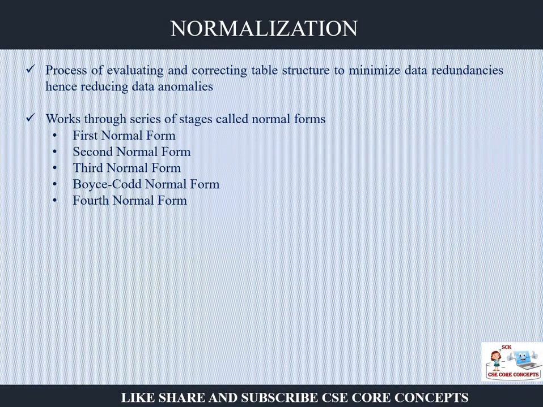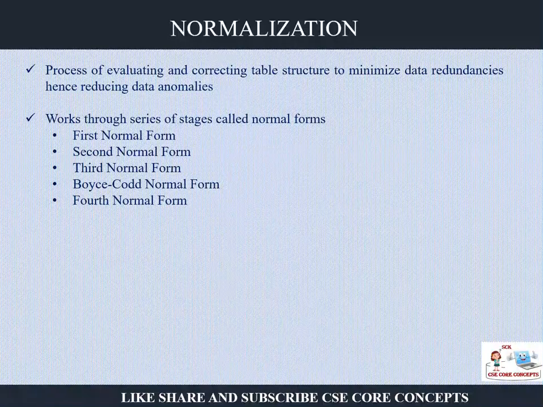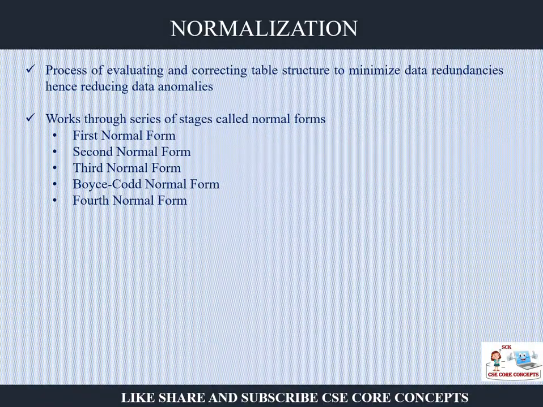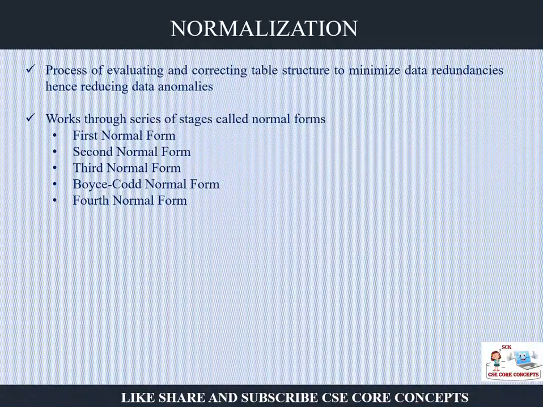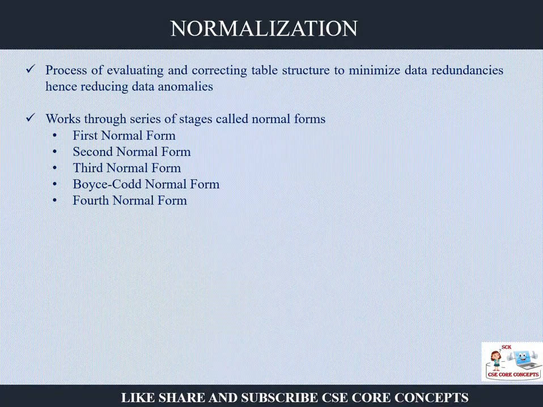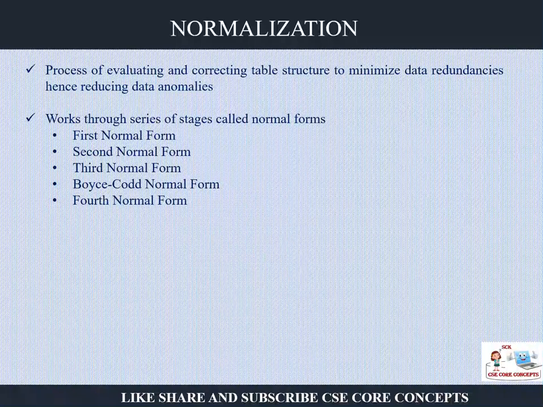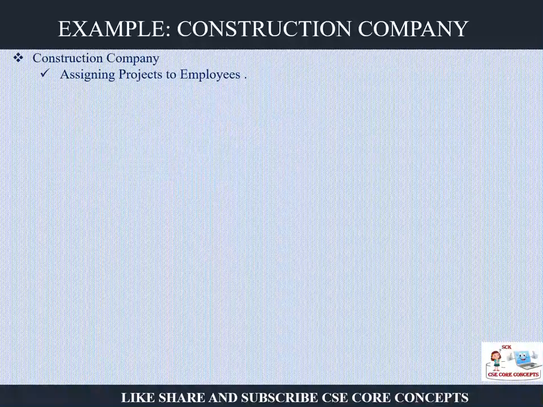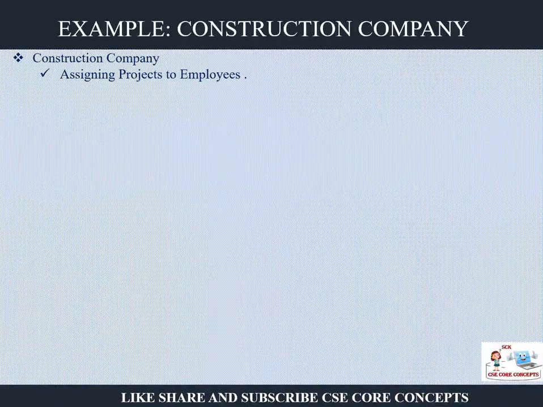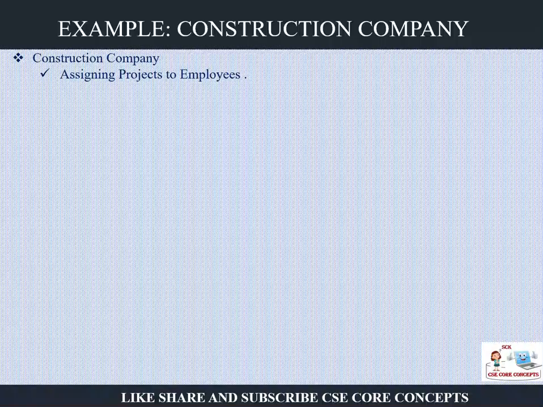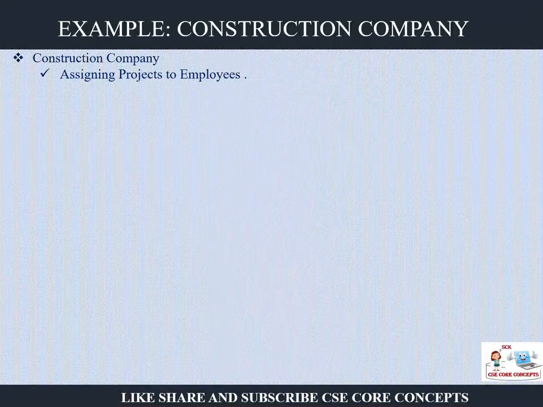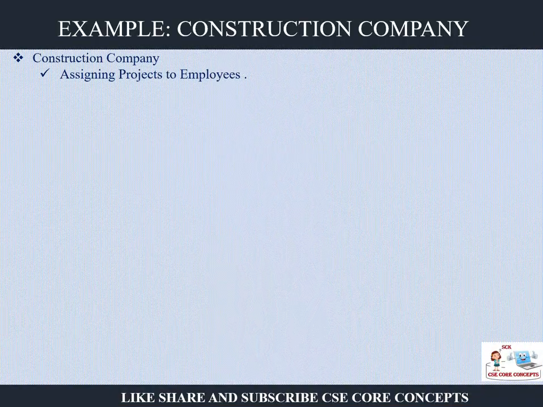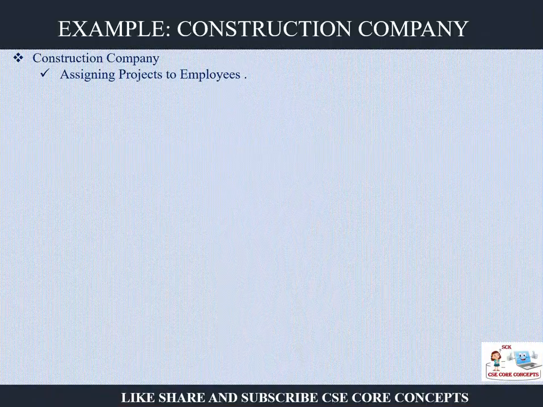Normalization has various stages. It starts with the first normal form, second normal form, third normal form, then comes the Boyce-Codd normal form and the fourth normal form. So let us take an example of a construction company, and in the context of this example, I am going to discuss how we can perform normalization.